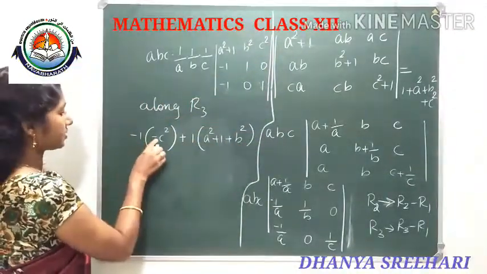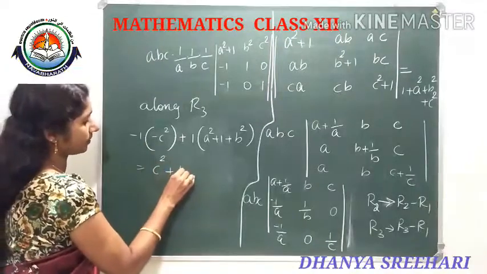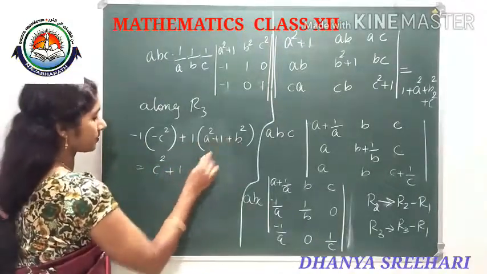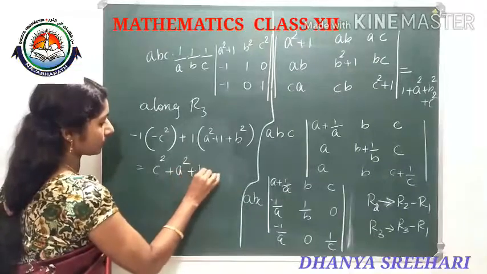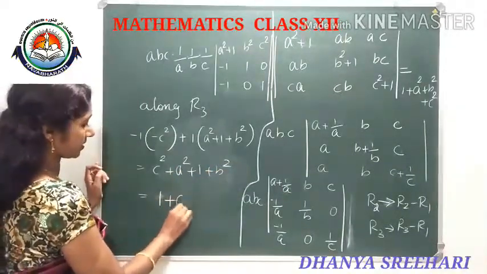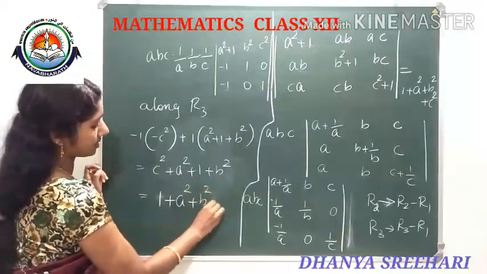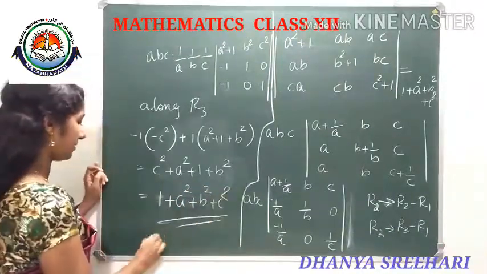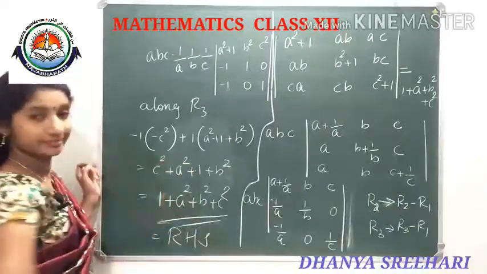So we got it as minus into minus plus, so we got it as C square plus 1 into A square plus 1 plus B square is A square plus 1 plus B square. So our answer is 1 plus A square plus B square plus C square. That is our right hand side.